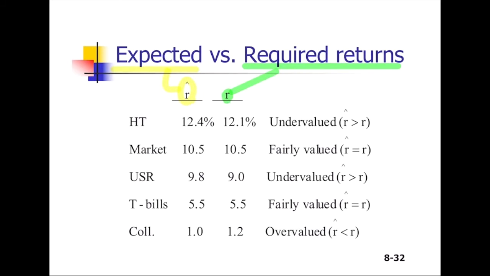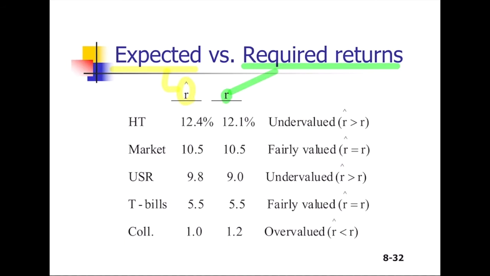So expected rate of return is higher than required rate of return. So this stock is undervalued, right? The opposite case, the collection agency required rate of return is 1.2, but they can expect only 1%. So this stock is overvalued.